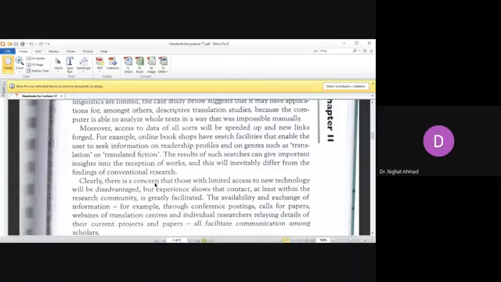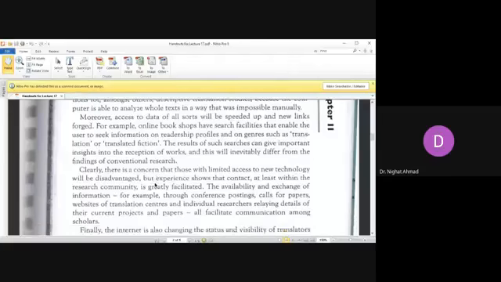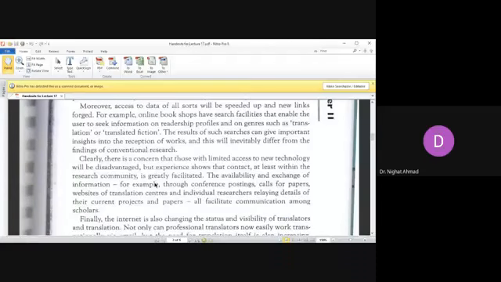So clearly there is a concern that those with limited access to new technology will be disadvantaged, but experience shows that contact, at least within the research community, is greatly facilitated, and the availability and exchange of information, for example through conference postings, calls for papers, websites of translation centers, and individual researchers relaying details of their current projects and papers, all facilitate communication among scholars.